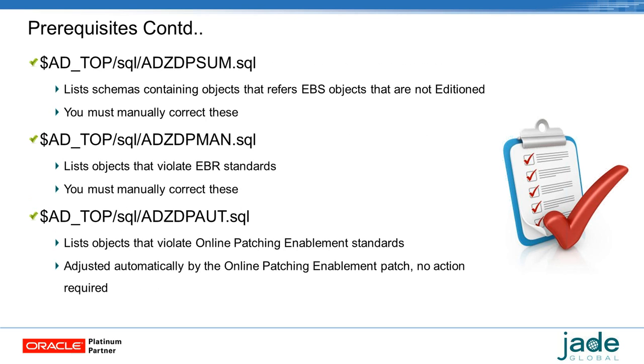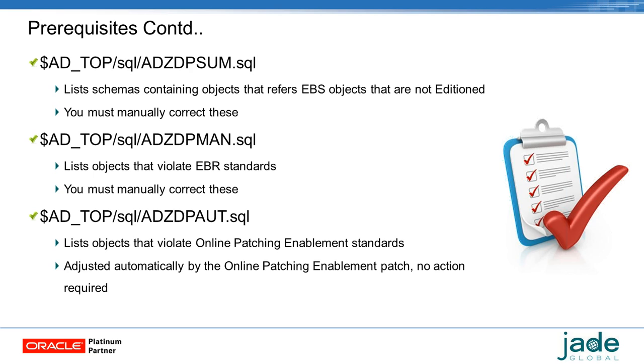The next 3 important SQLs provided by Oracle as part of the patch: the first is called ADZDPS-UM.SQL. When you execute this SQL, it checks all your custom schemas and lists all the schemas which are referred to in EBS objects but which are not editioned.